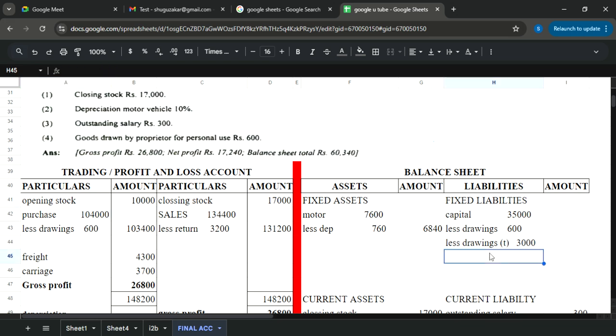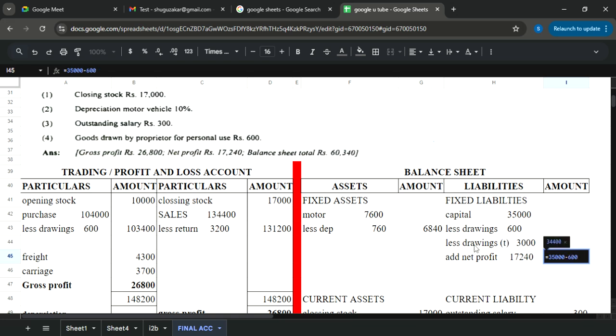Then we have here its adjustment, net profit. We have to bring it down. It was 17240. So for the first time you can see there are three extra adjustments. For capital it was 35,000. Then you need to subtract drawings. These drawings, 600.